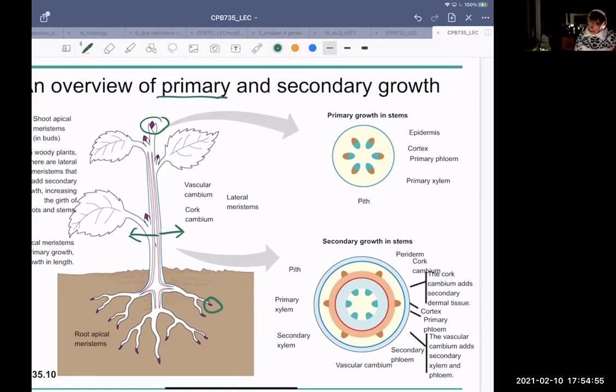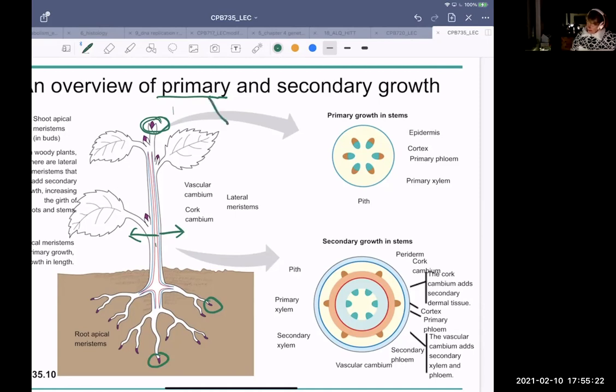Yeah, so why? Well, primary growth is so that the plant can reach more sunlight for the stems, and primary growth for the roots is to reach more water and nutrients. And secondary growth is for structural integrity and in order to support the plant when it grows.